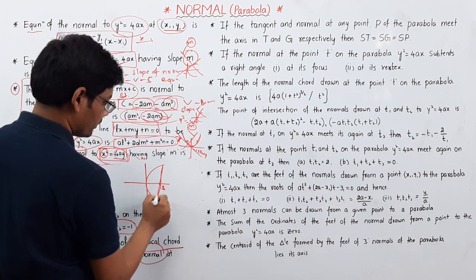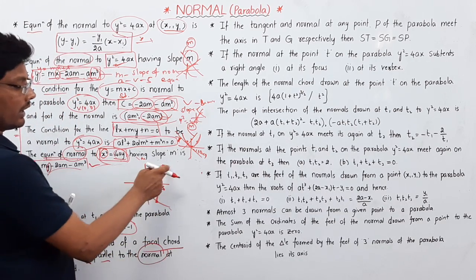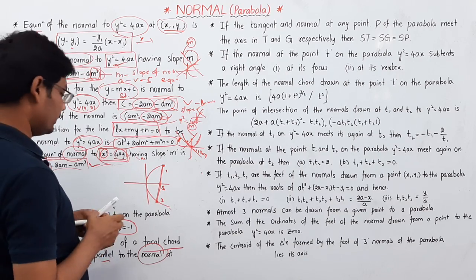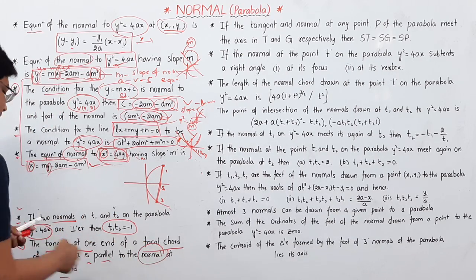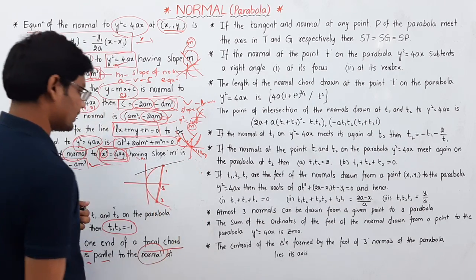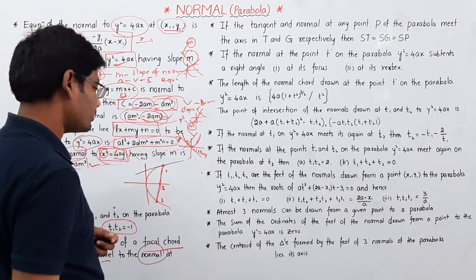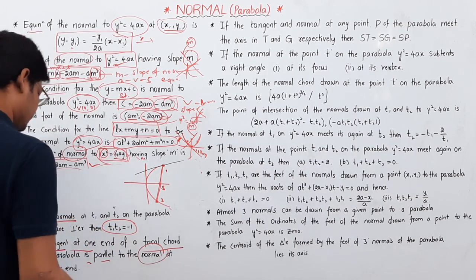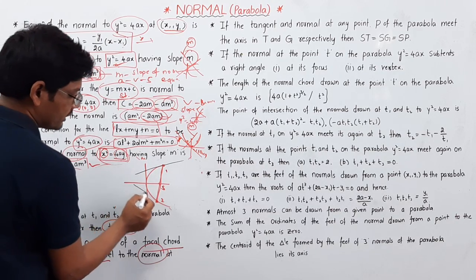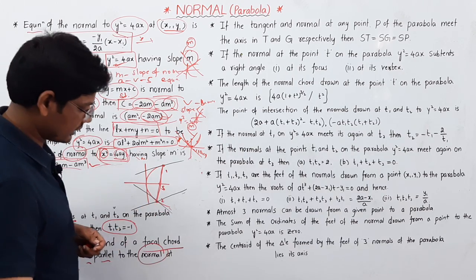It has two ends, one and two. At one end we draw the tangent, and at the other end if you draw a normal, this is the tangent and this is the normal.